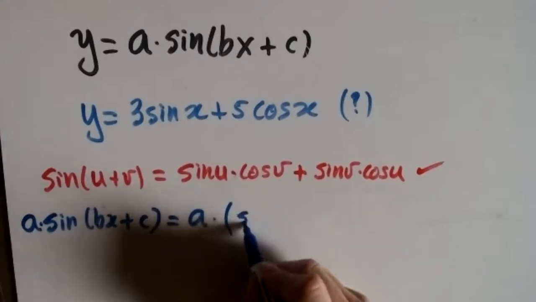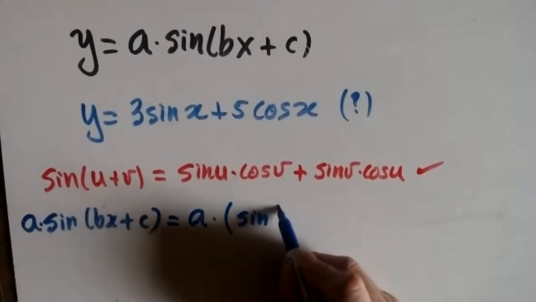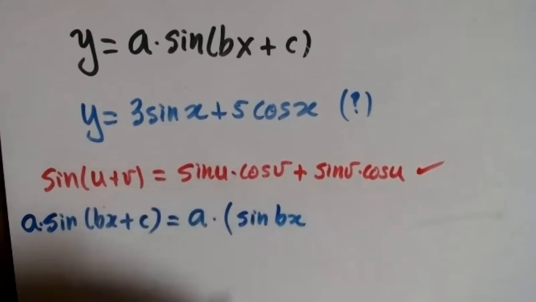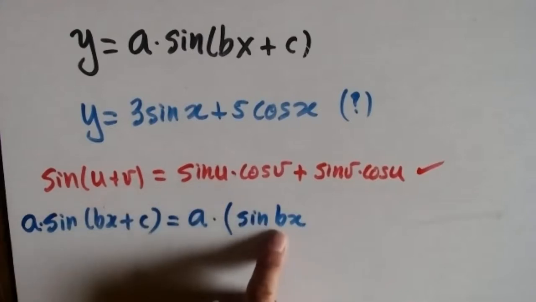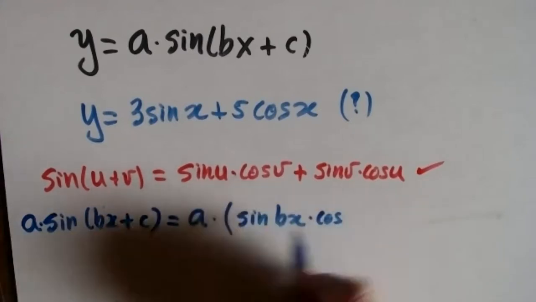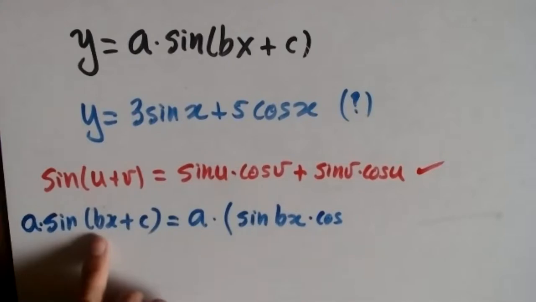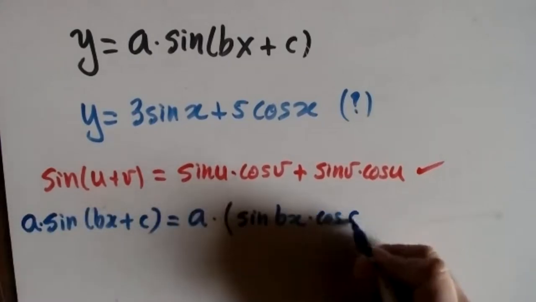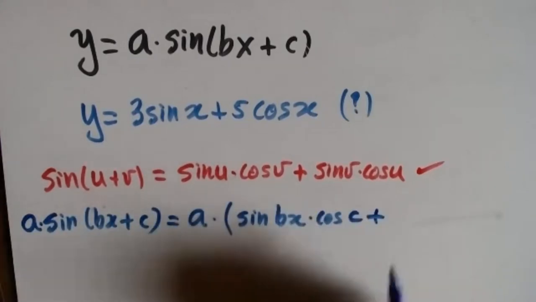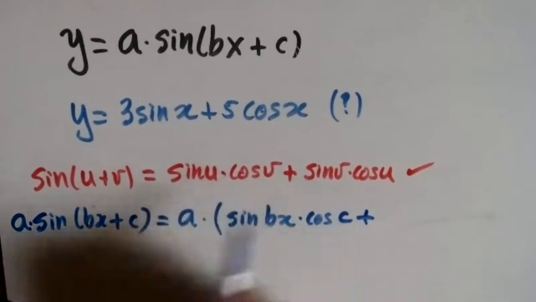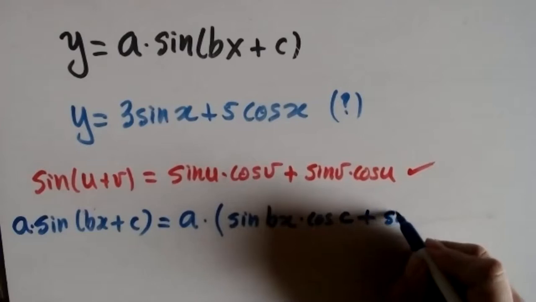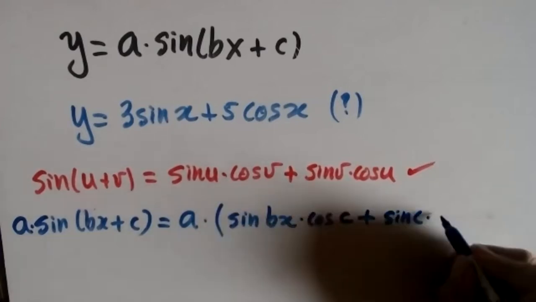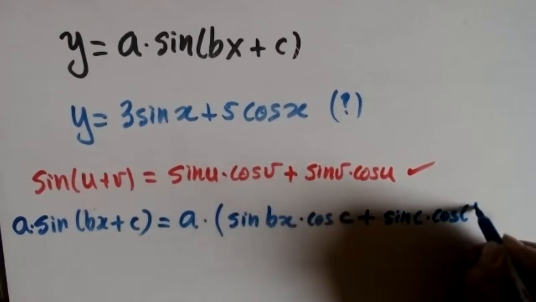So it's going to be sine of bx, because this is the u, so this is bx, times cosine of, in this case it's going to be c, so cosine c, plus sine c times cosine of bx.